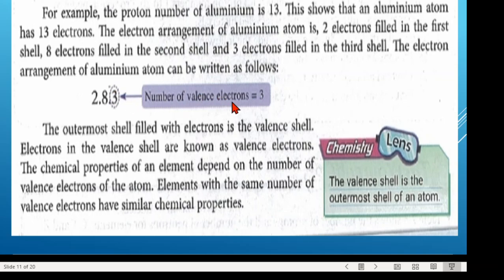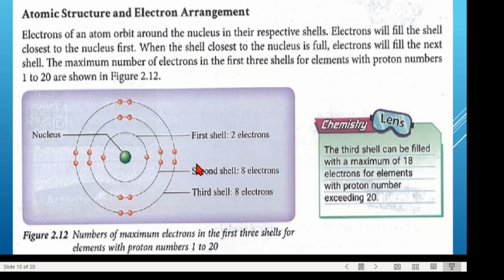What is valence electron? Valence electron adalah the electron that is located at the outermost shell. Okay? Outermost shell. Maksudnya dia elektron yang terletak di shell paling luar. Itulah electron valence. Okay? Electron valence ialah elektron yang terletak pada shell paling luar.